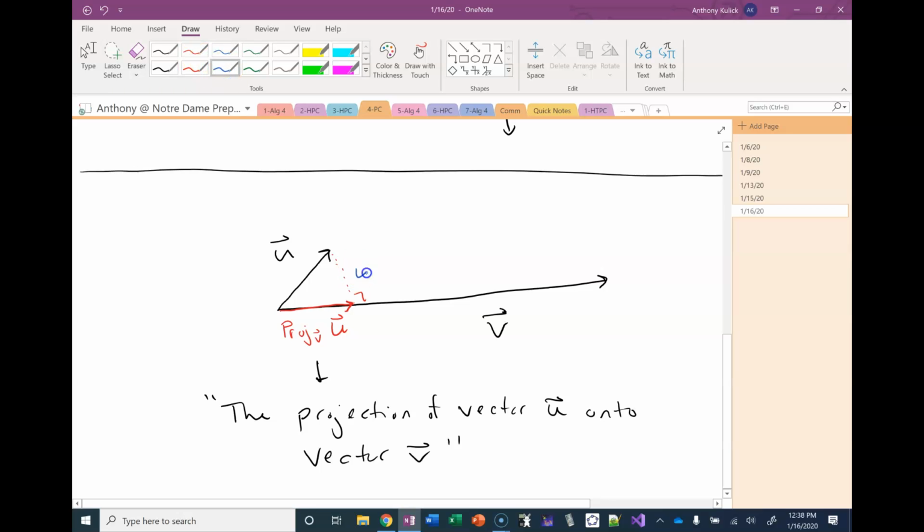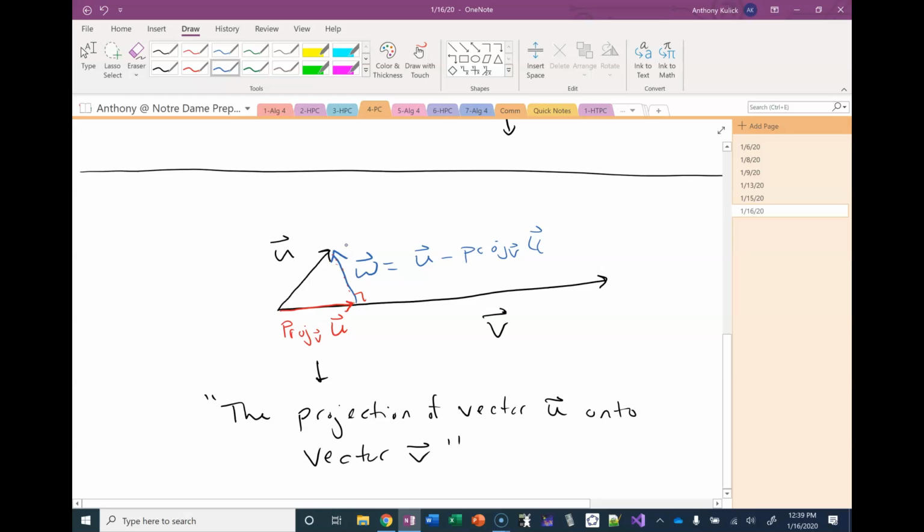So if I call this guy vector w, what vector w is going to be is u minus the projection of u onto v. So that is like that part.